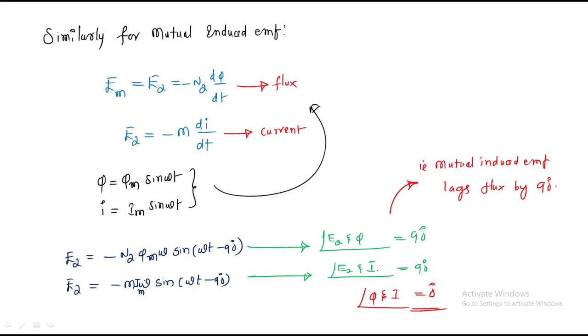So from this we can conclude, what is the phase angle between E1 and E2? Therefore E2 lags flux by 90 degrees. Like that, E1 lags current by how many degrees? 90 degrees. Therefore the phase displacement between E self and E mutual is what? 0.